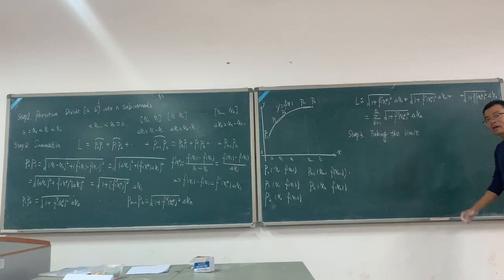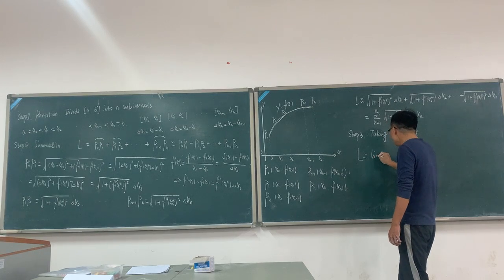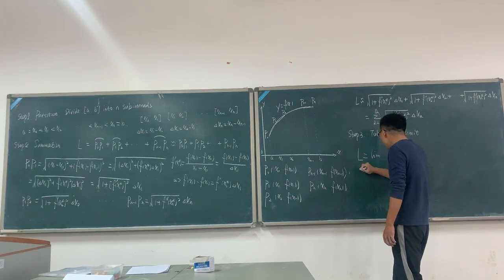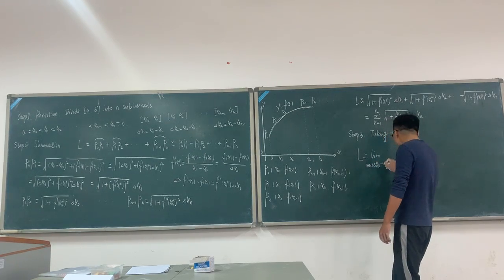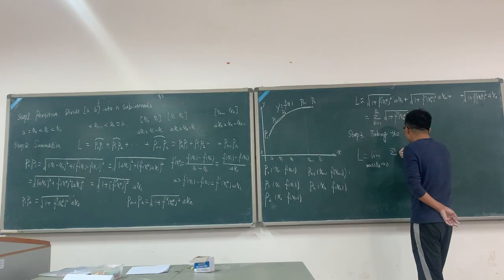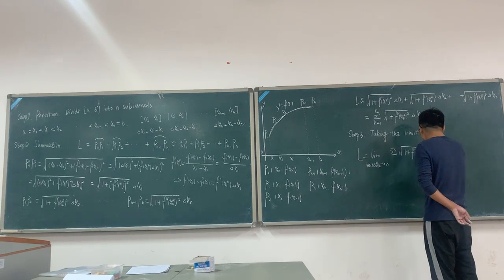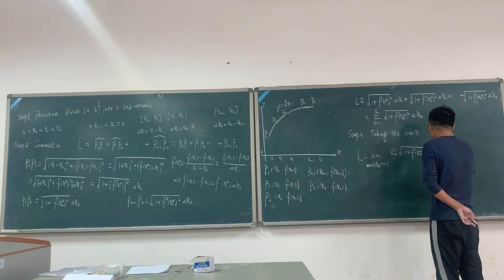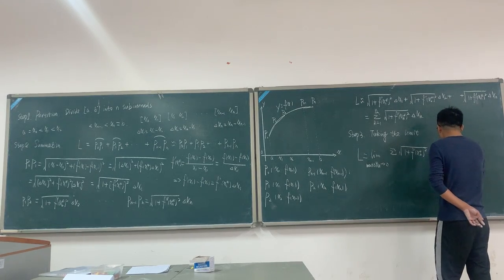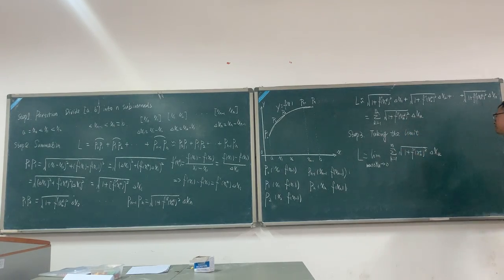So taking the limit, L actually equals the limit as max delta xk approaches 0 of the summation of the square root of 1 plus f'(xk*) squared times delta xk, k runs from 1 to n. So here actually is what?